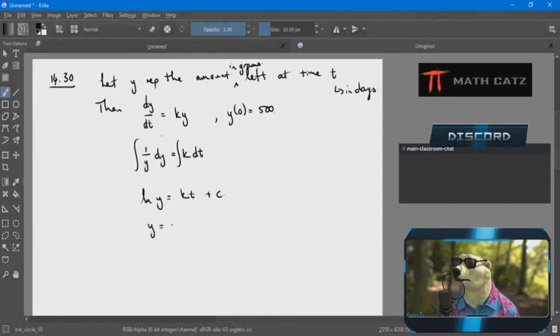Then I solve for y, and I write a more convenient integration constant instead of e to the c.